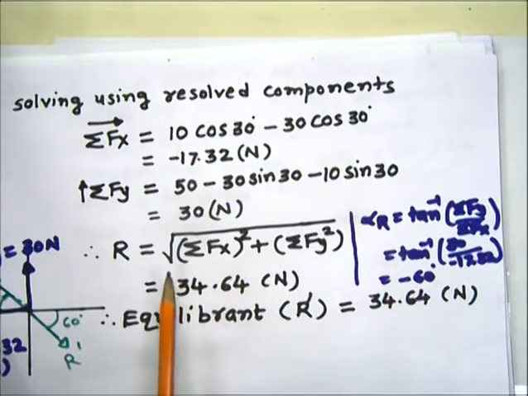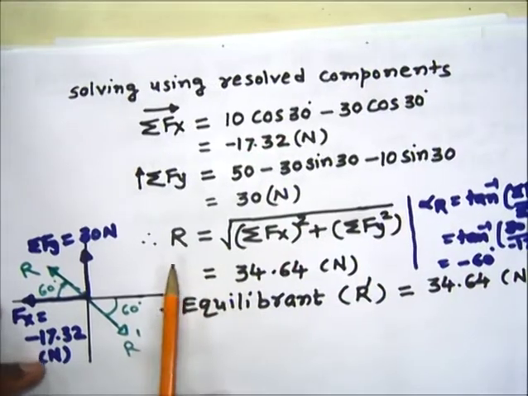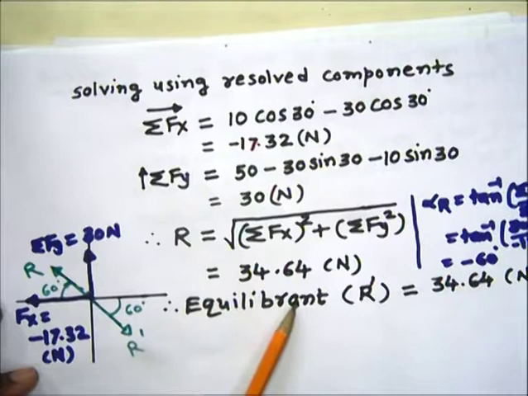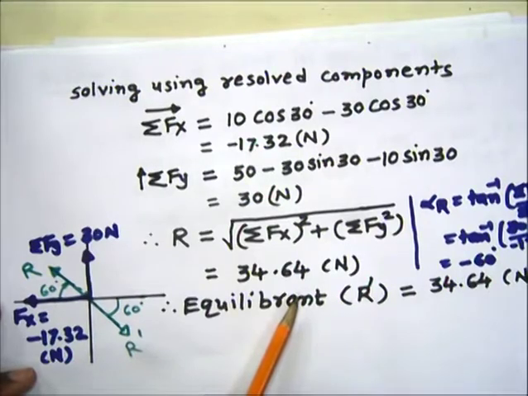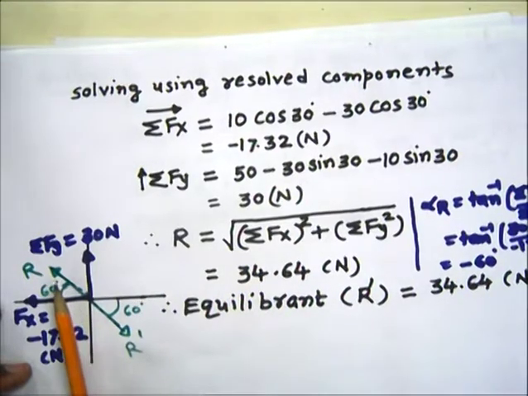As you know, the resultant is a single force which gives the effect of all given forces, and the equilibriant is equal in magnitude to the resultant force and opposite in direction. Here we can locate the resultant R, which is 34.64, making an angle of 60 degrees with the negative x-axis.